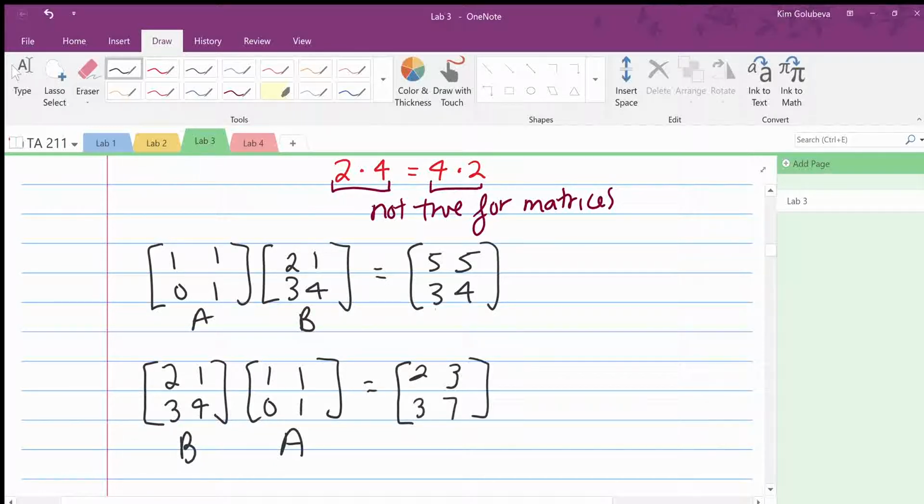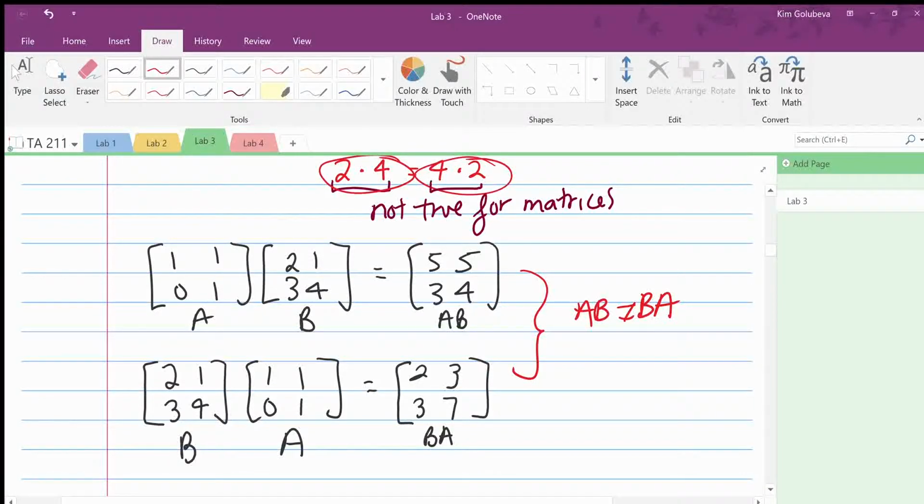So this is the product AB and this is the product BA, and you can clearly see that AB does not equal BA. I know that you're used to working with just numbers where it is commutative, which means that it doesn't matter which order you're multiplying, but you have to really be careful for matrices that you don't make that mistake.